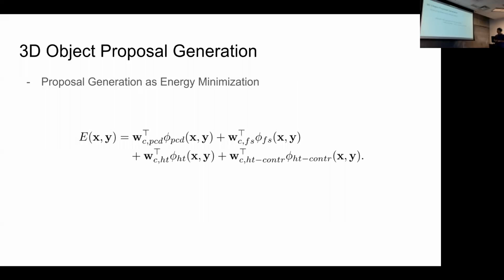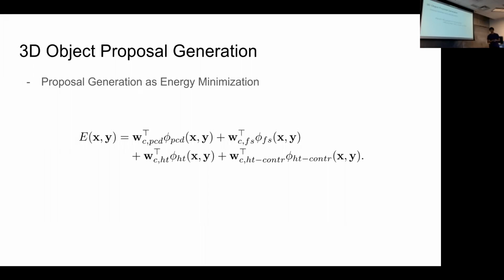In the first section, they develop a measure of how to rate what is a good proposal for an object. That's done by a set of potential terms and a basic linear combination, with a score as a weight.